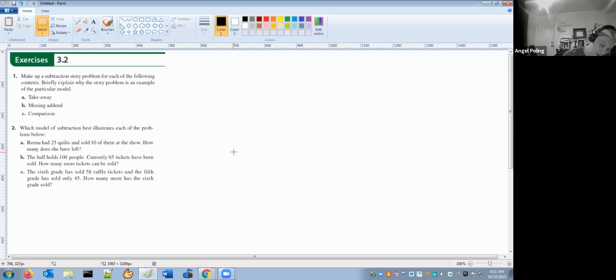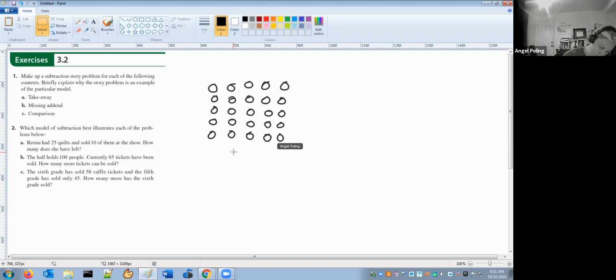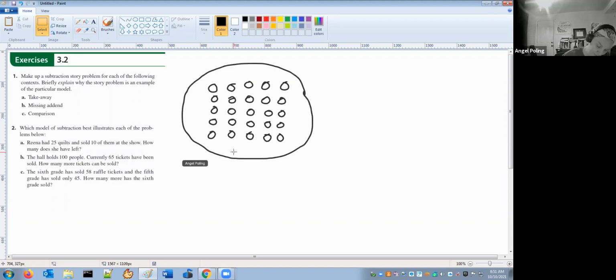If we have 25 of something, these being the quilts, then we can take 10 of those quilts away to represent the sales. And how many does she have left would be the uncircled amount. So this is takeaway.